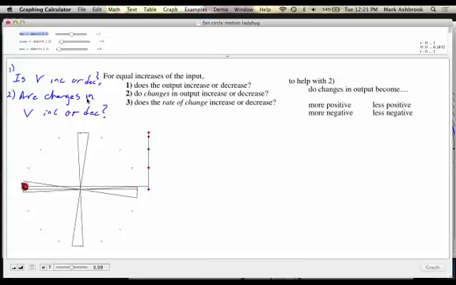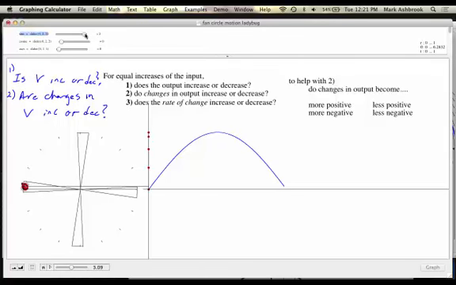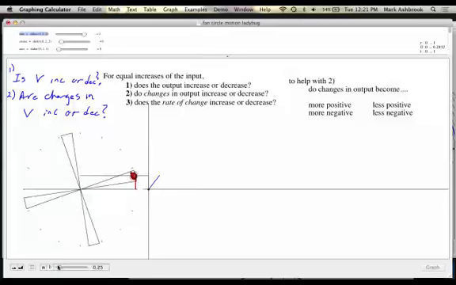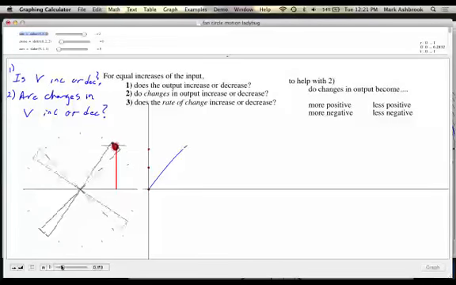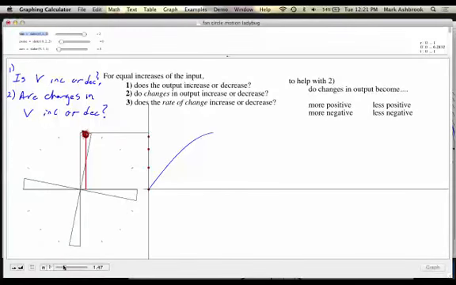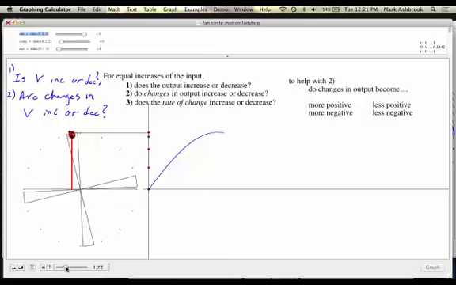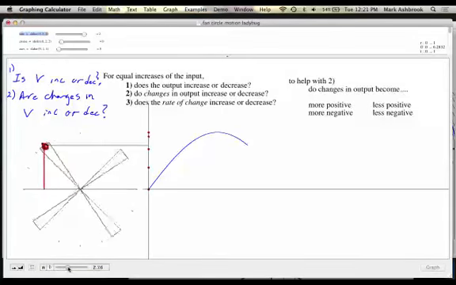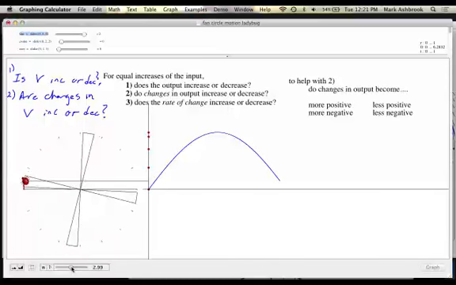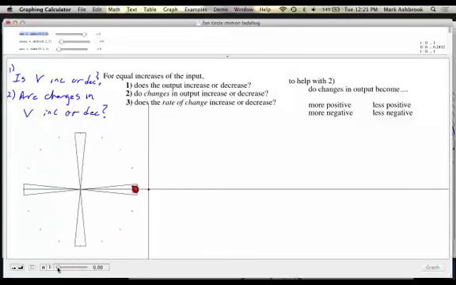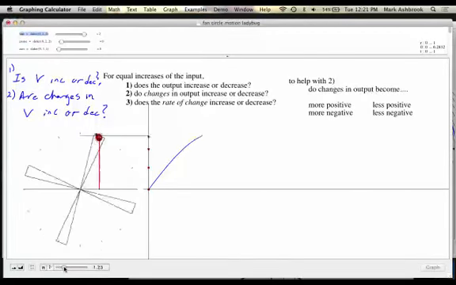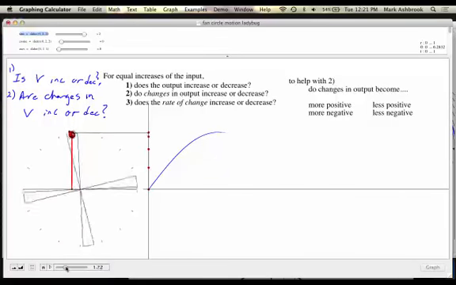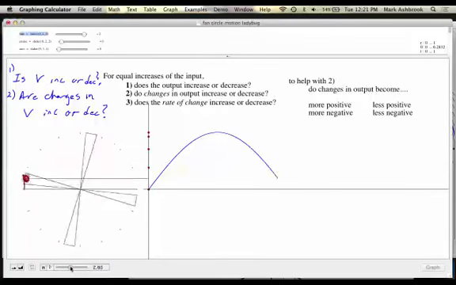Okay, so in the first quadrant, if the change there is decreasing, wouldn't it be the same concept for the second quadrant? Yes, the same thing, just symmetry. But see here, the changes are getting less positive, so they're decreasing, but then they're getting more negative, so they're still decreasing.